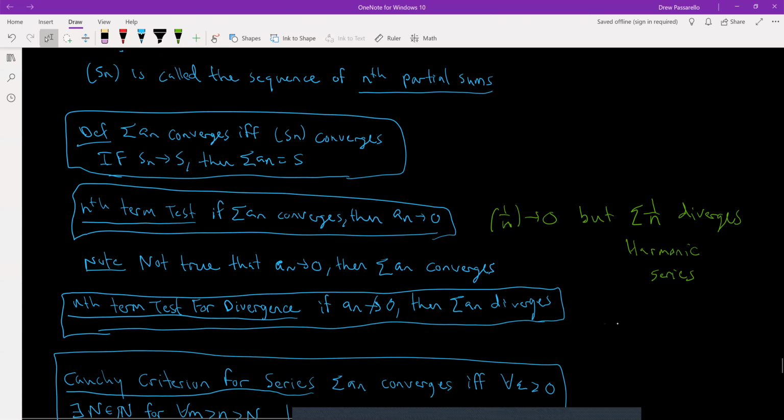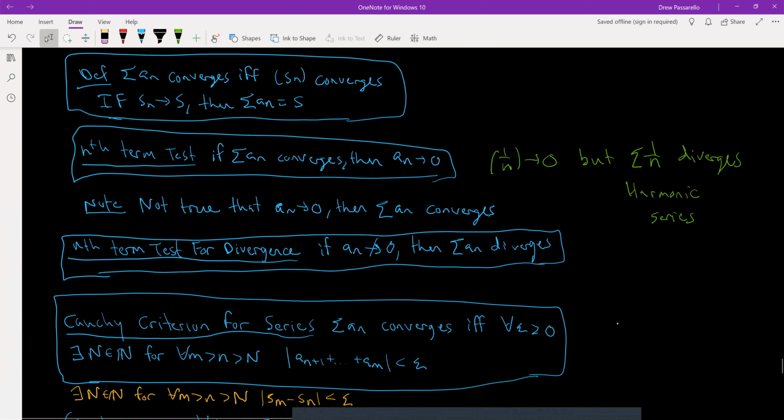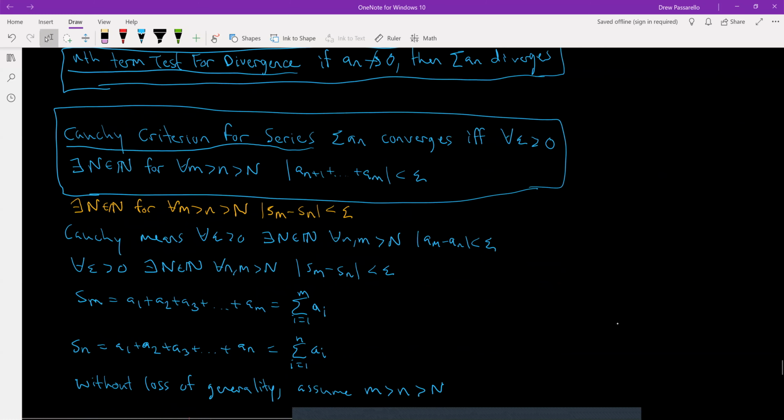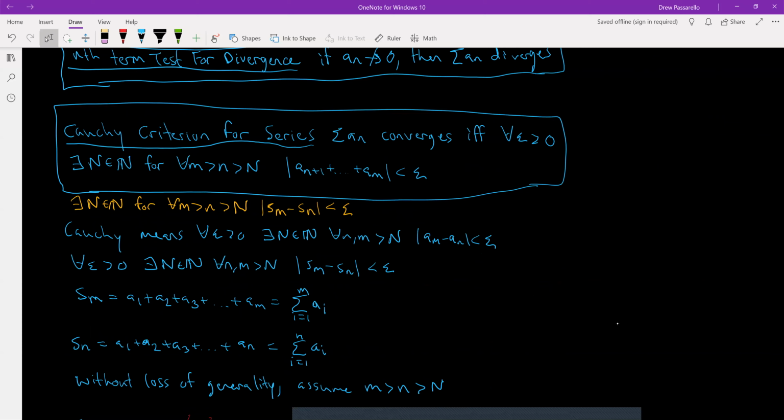We talked about Cauchy sequences, and there's also a Cauchy criterion for series. The series converges if and only if for all epsilon greater than 0, there exists a capital N such that for all little m bigger than little n, which is bigger than capital N, we have that the absolute value of the terms a(n+1) plus a(n+2) up to a(m) is less than epsilon.